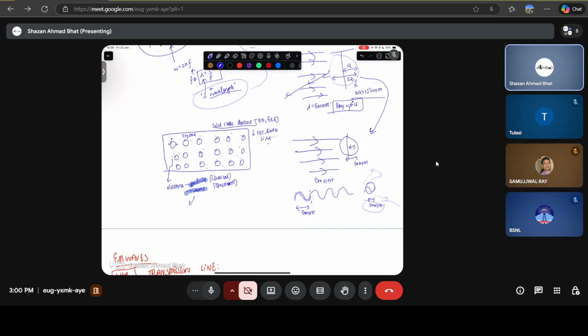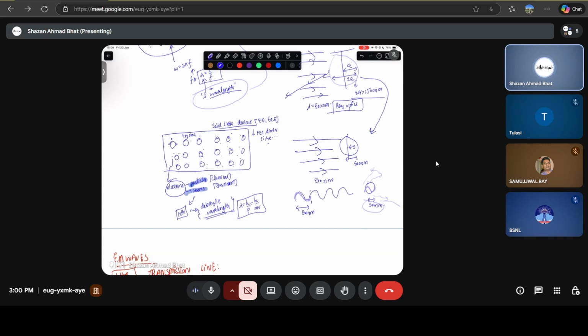These electrons have a wavelength associated with them. You might remember from your class 12 physics something called the de Broglie wavelength, however you pronounce it. The de Broglie wavelength of an electron is Planck's constant divided by mass times velocity of the electron.